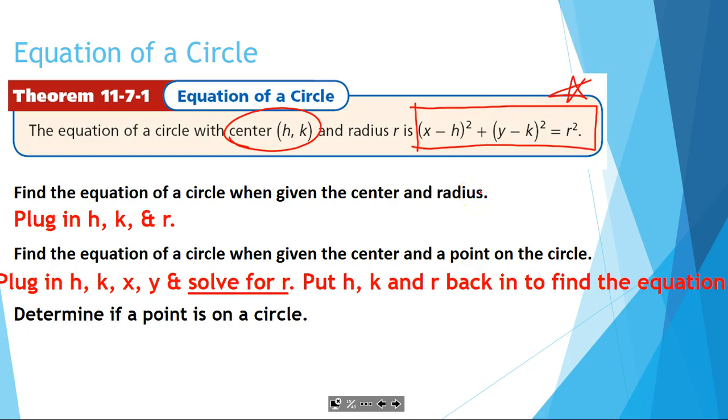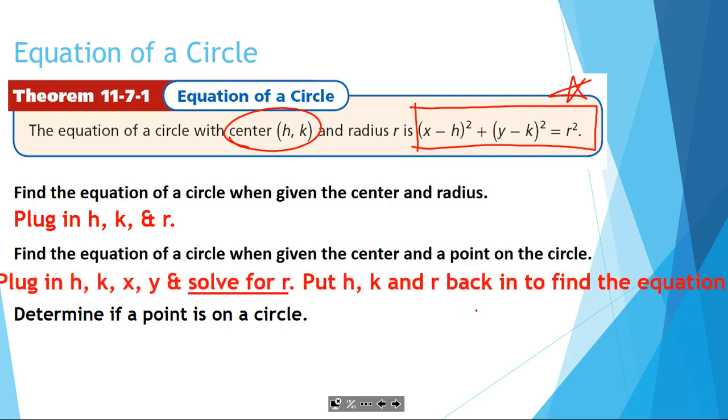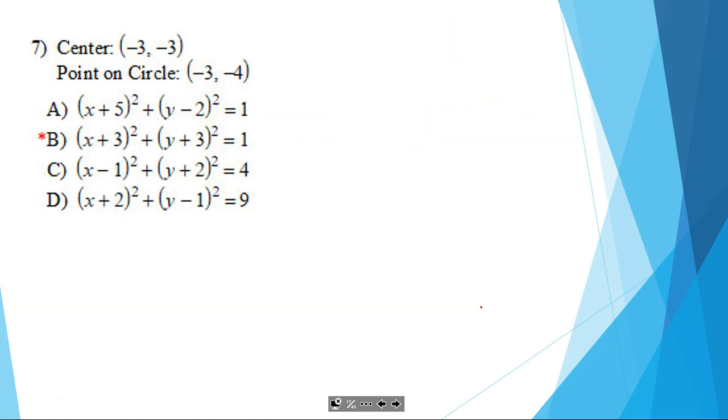All right, now the next one says find the equation of a circle when given the center and a point on the circle. So when we do this, we have to solve for r because we don't have r. So we're going to plug in h, k, x, and y. We're going to solve for r, and then we're going to put the h, k, and the r back in to find the equation, just like we did with the first question. So this is like number 7.